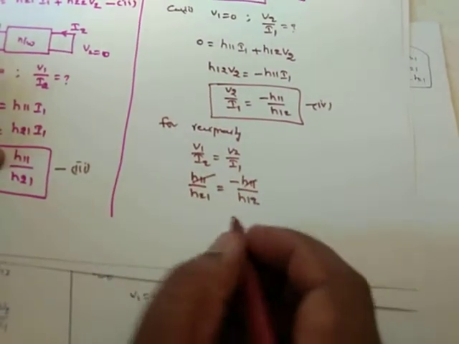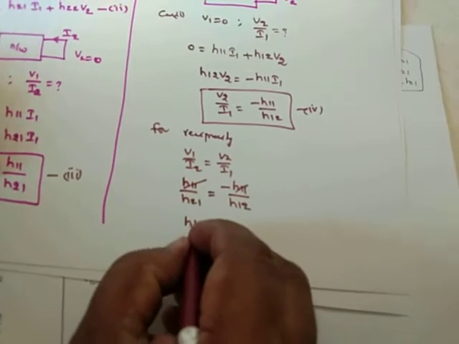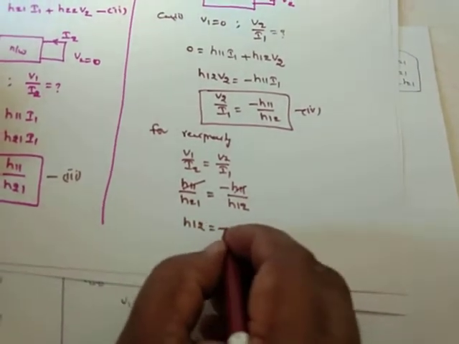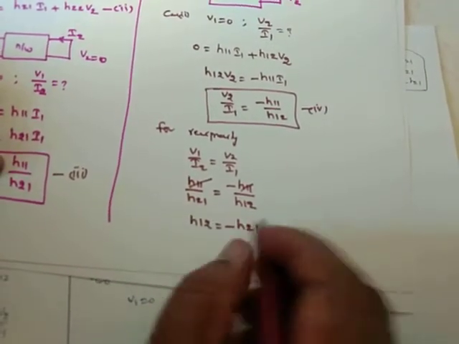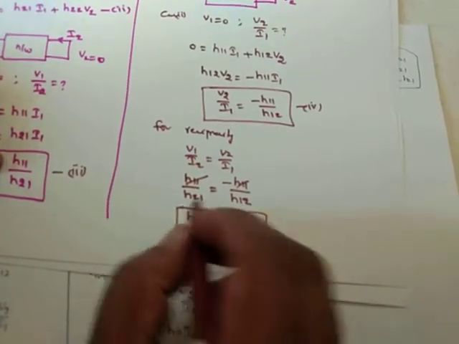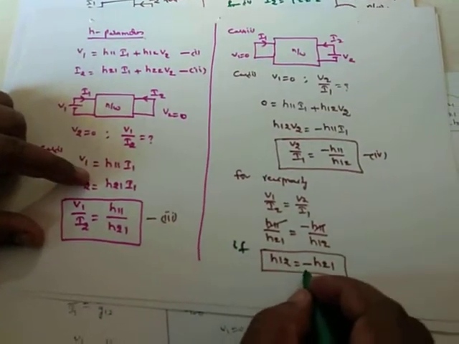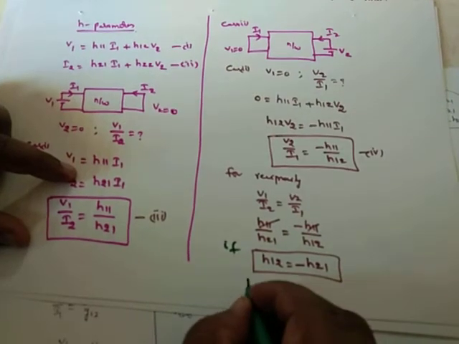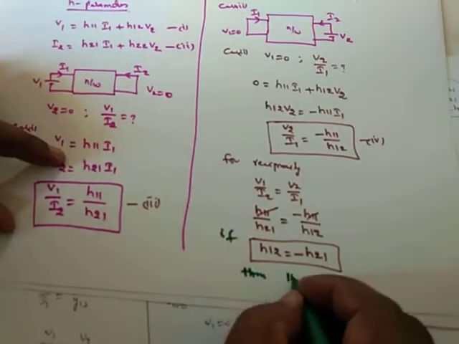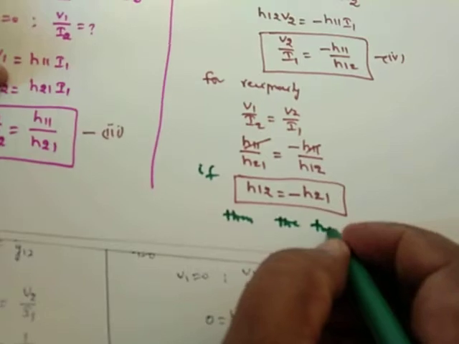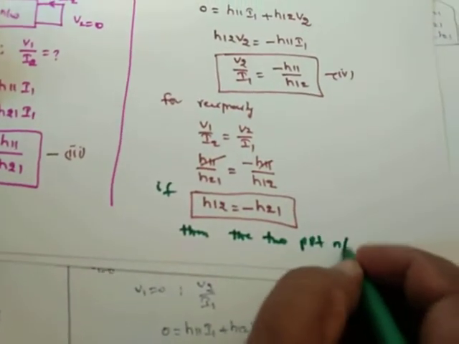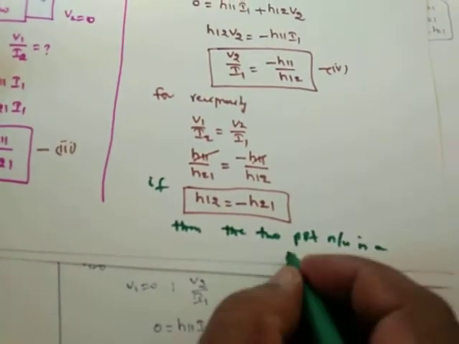Then both get cancelled. Then the condition is H12 is equal to minus H21. So this is the condition in terms of H parameters. So if H12 is equal to minus H21, then we can say that the two-port network is reciprocal.